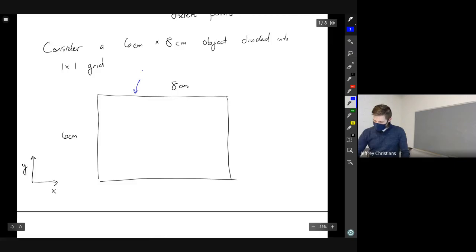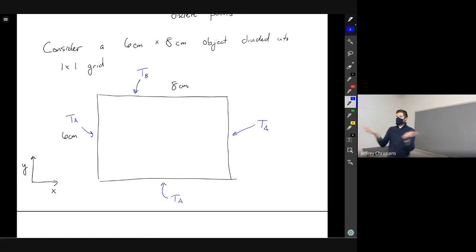Okay, so we'll call this TB. So the top surface here is TB. And then we have a surface here on this side that's TA. Surface on this side that's TA. And a surface over there that's also TA. So we have 3 constant temp sides that are at, say, like 100 Celsius, and then one side that's at 20.